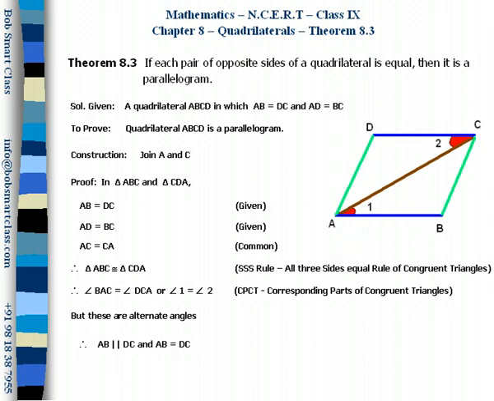If these alternate angles are equal, the sides are parallel. Therefore, AD is parallel to BC, and we have AD equals BC also, as given in the theorem. Now when opposite sides are parallel and equal, this quadrilateral is a parallelogram. Hence, this theorem is proved.